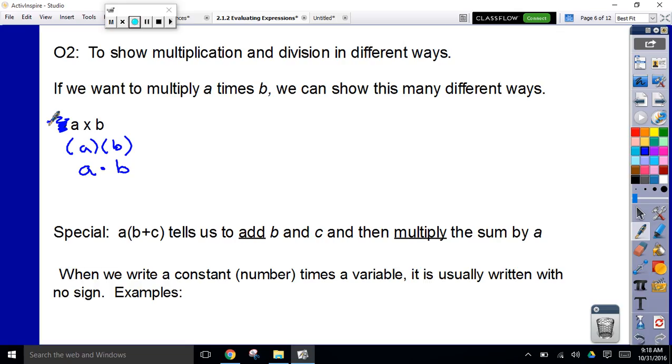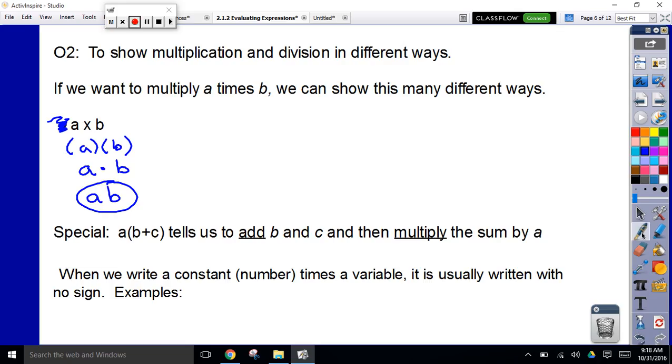Any other ways that you can think of to show multiplication? Ben? Like a and b smushed together. Smushed together, all right, just ab. I was hoping someone would come up with this one. ab is the preferred way to show multiplication in algebra. That means a times b.